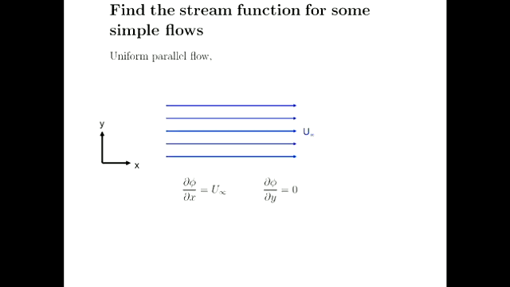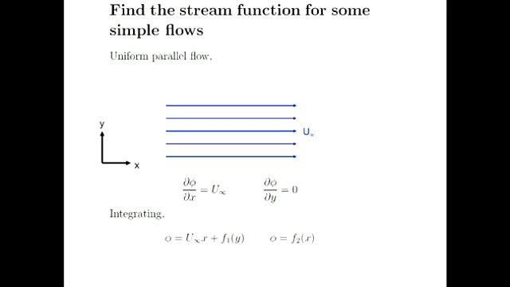So if d phi dx is equal to u infinity, then phi must equal u infinity integrated with respect to x. So phi is going to equal u infinity x plus some unknown function of y. And likewise, if d phi dy is equal to 0, then phi equals 0 integrated with respect to y, and even I can do that integration. So phi is just going to equal some unknown function of x.